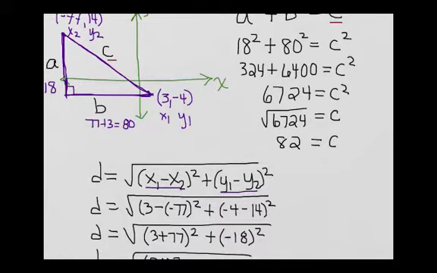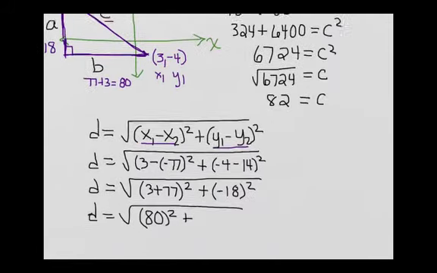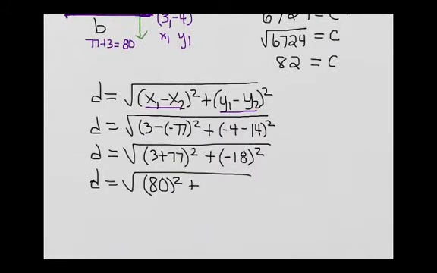But because y1 was smaller than y2, we end up with, instead of the exact distance, the negative of that distance. But when we square that value, the sign won't matter because we'll still get a positive result.